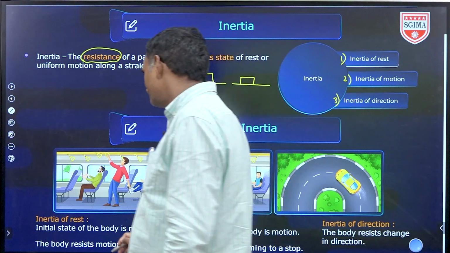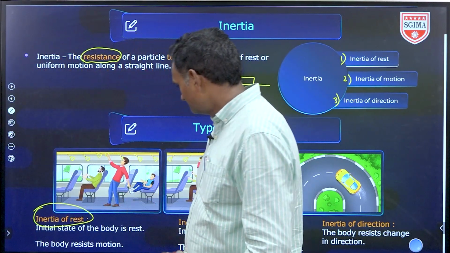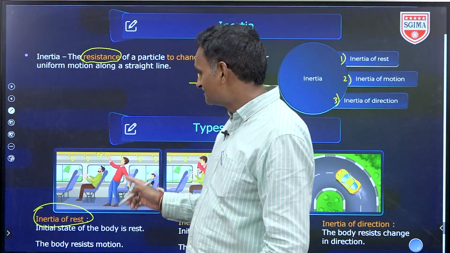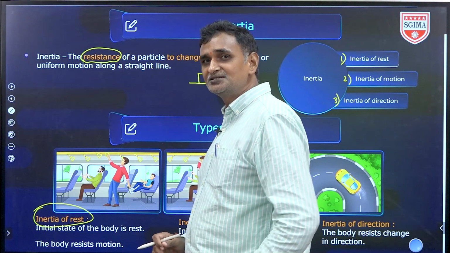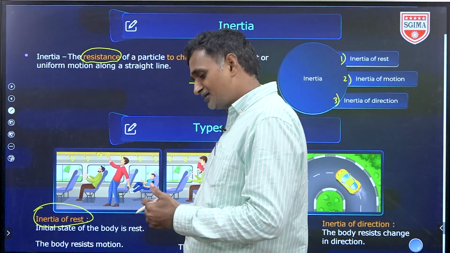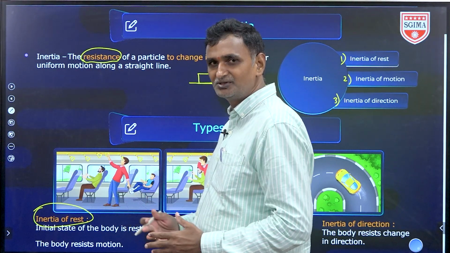Here you are observing one picture. In this picture you can see, suppose all the persons in the bus are sitting in the seats and one person is standing in the bus. Suddenly the driver came and the bus started and moved forward.